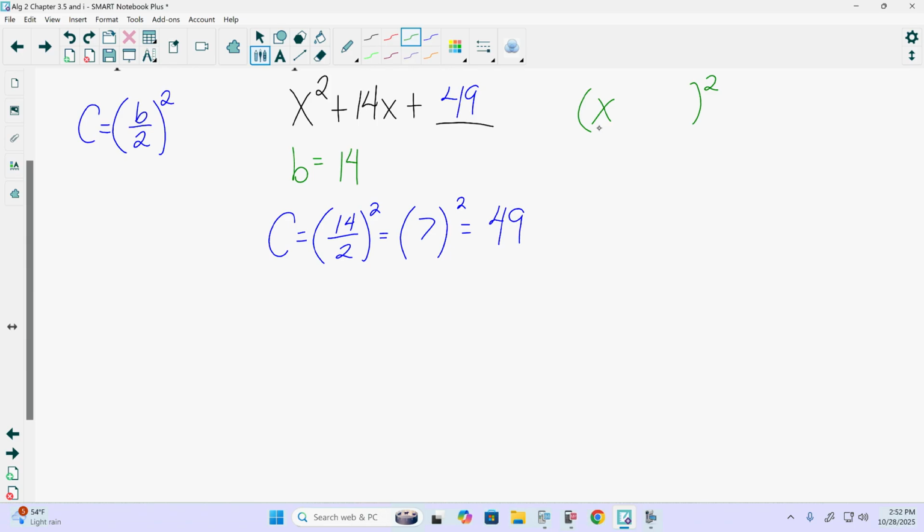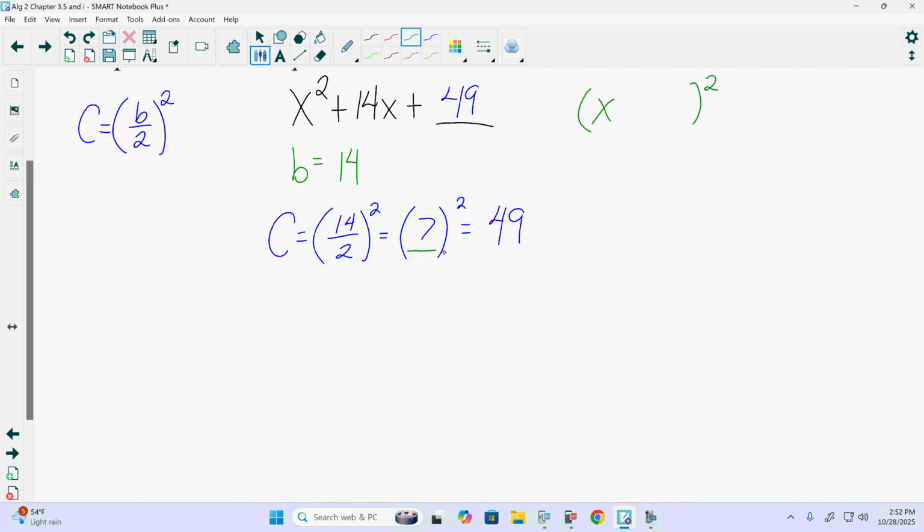There's a little bit easier way to do it, especially once we've found the perfect square trinomial using this. We're going to have x, because we're going to make sure the number for a is always 1, so it's just x. Now the number and sign that go inside the parentheses with this x is the number inside the parentheses before we squared it to find c.